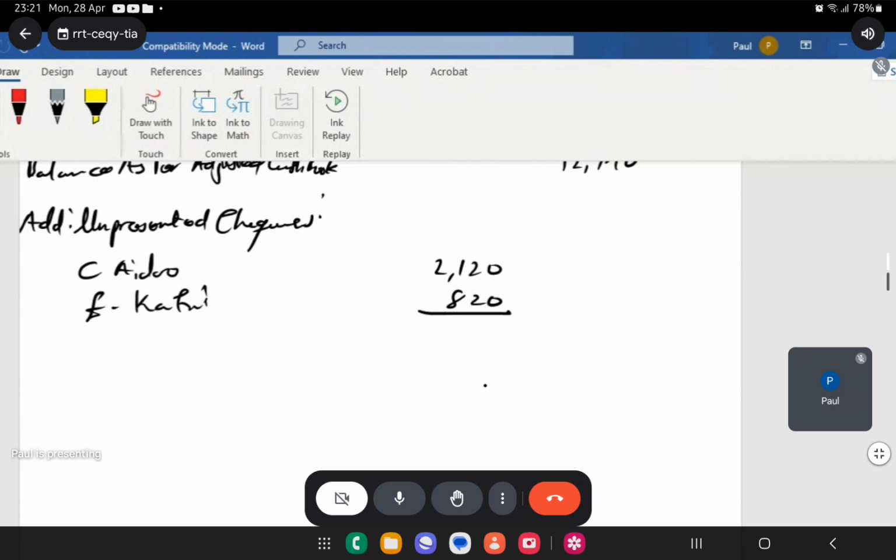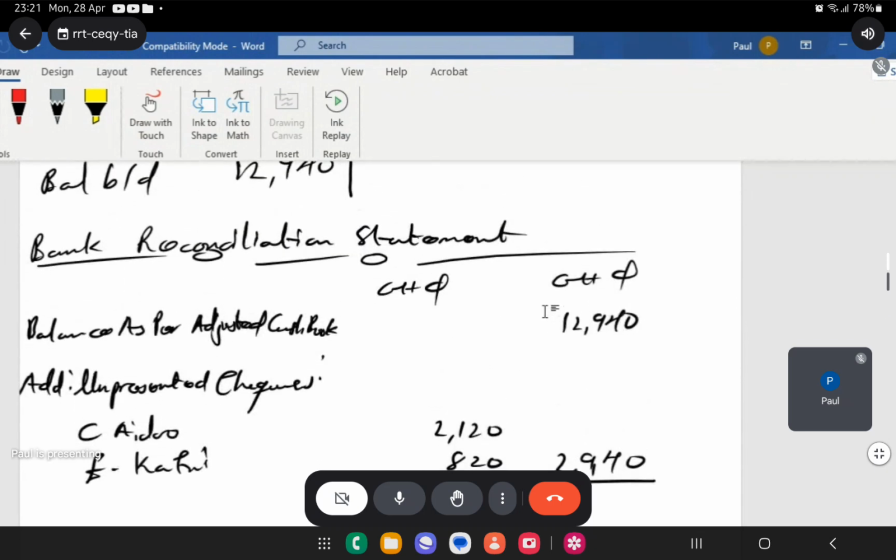But in this question, there are no wrong credits. So we add these two: 2,120 plus 820, and we get 2,940. We add the 2,940 to the balance, 12,940, and then we get 15,880. Do you understand?